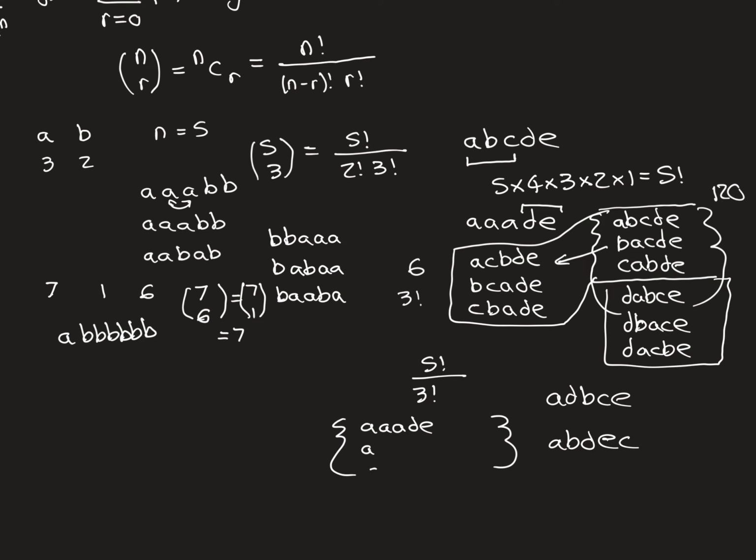So it would be D, A, E. That would be represented by this equivalence class of 6 things. Then this next one along would be A, D, A, E. So that's that one here. And then this final one, it would be A, D, E, A.